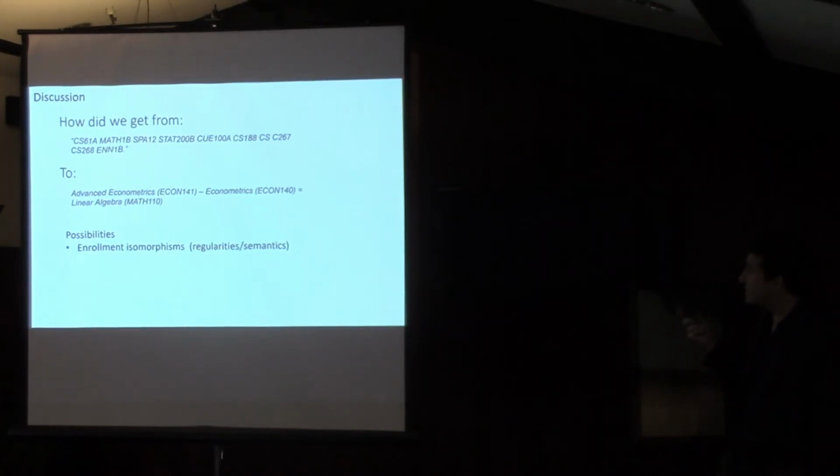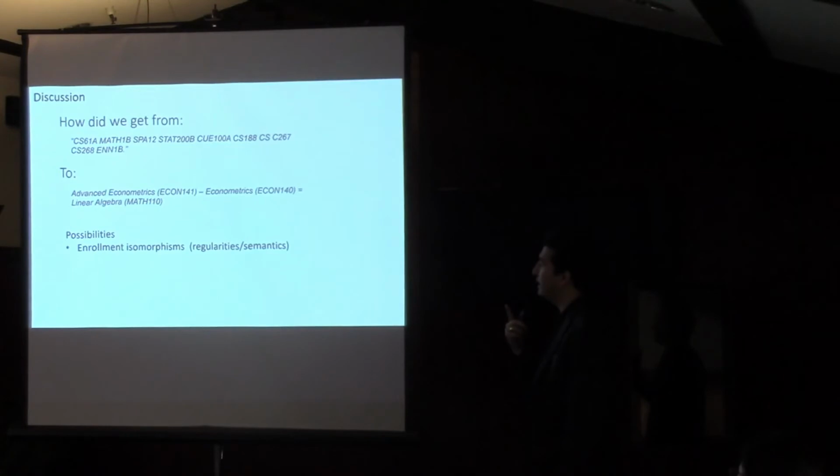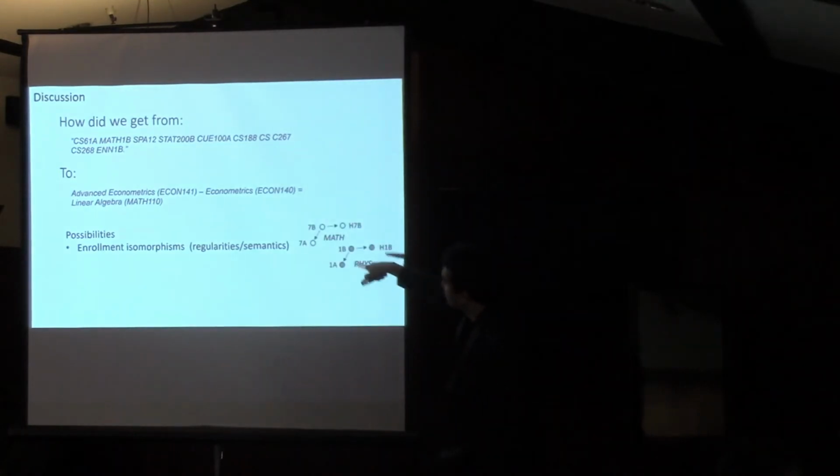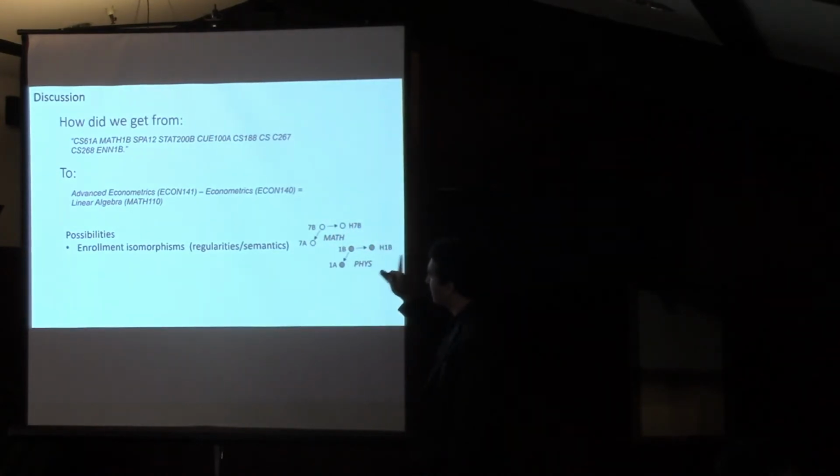One idea is enrollment isomorphisms, which is what I would consider to be the emergent semantics, meaning that these constellations of courses, let's say math 7b and its relationship to 7a, which is a sequence relationship, and its relationship to h7b, has an isomorphic relationship to that same constellation in physics. So that's why that analogy works.